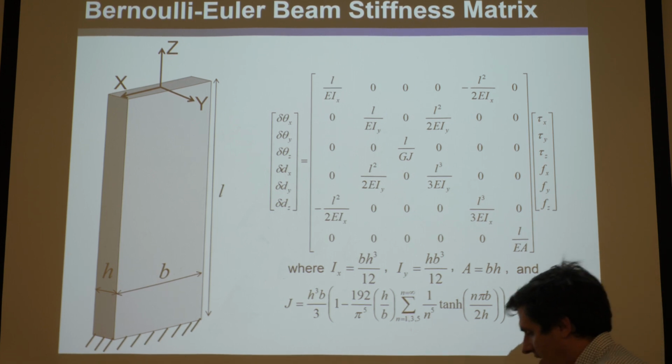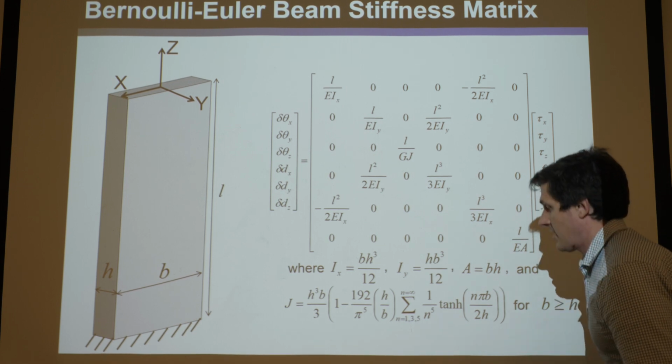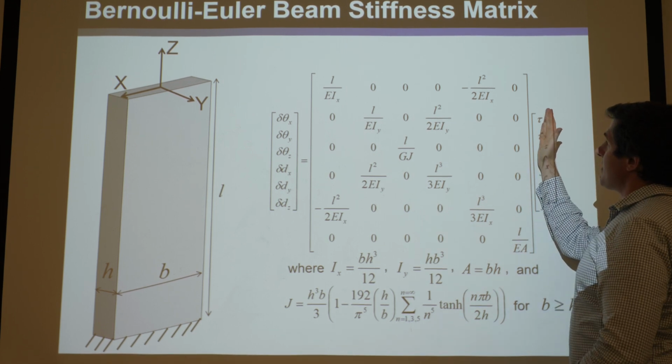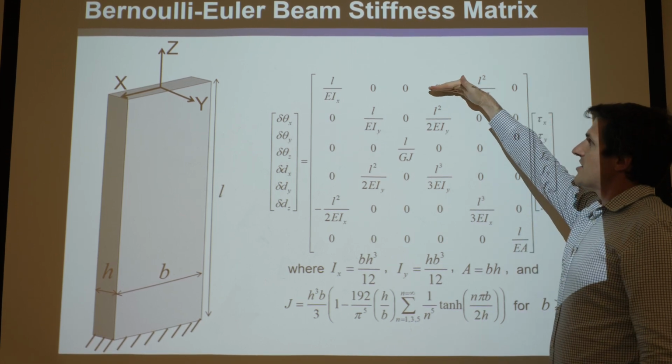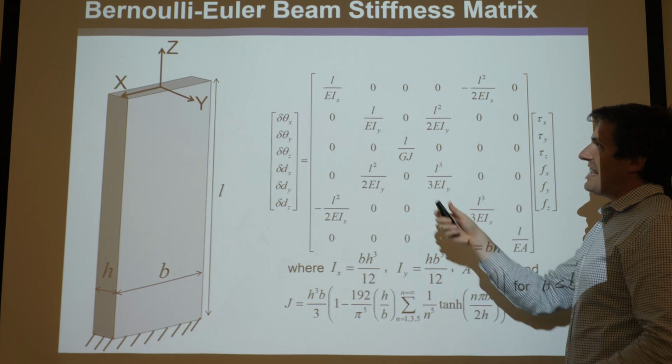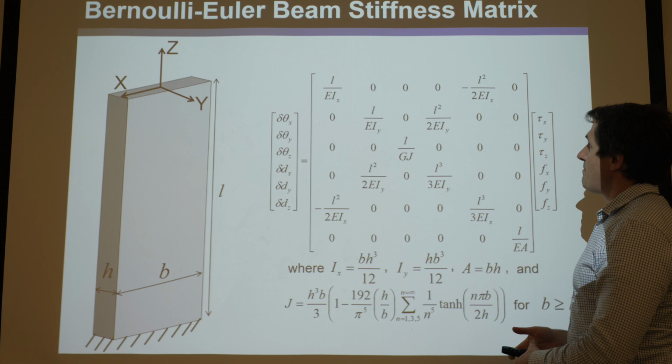Okay, so here, I'm going to just stand up on the chair here. If we take these loads and multiply by the top row, they should equal theta x. Let's think about it.